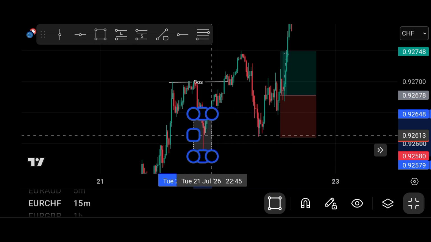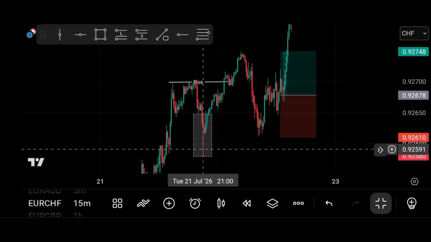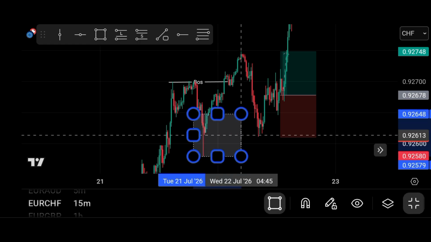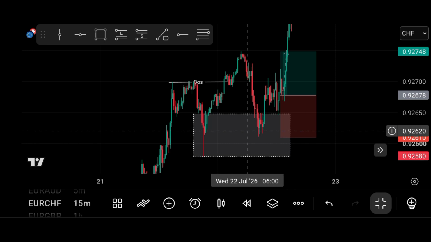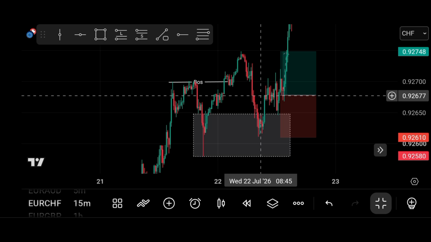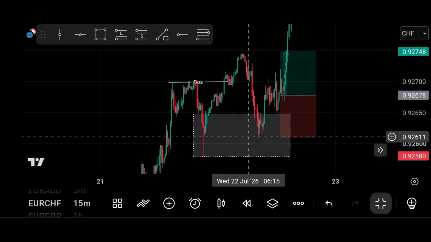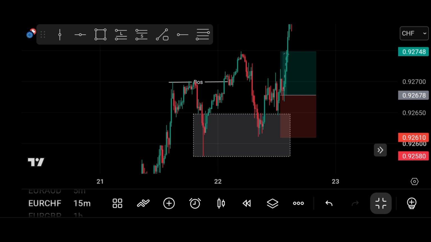Basically the last bearish candle that created the breakout structure move, this red candle here, you draw it, extend it, and wait for price to test the demand zone with confirmation. Ideally, since this was the last bearish candle, entry should be here, which is how I got in. I put my stop loss just below that candle that tapped into the demand zone, and I targeted a 1-to-1, and that played out nicely.